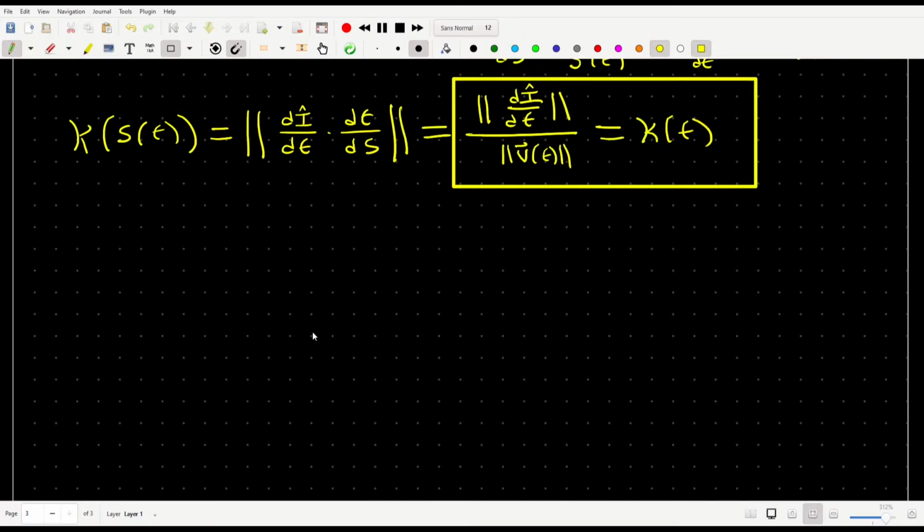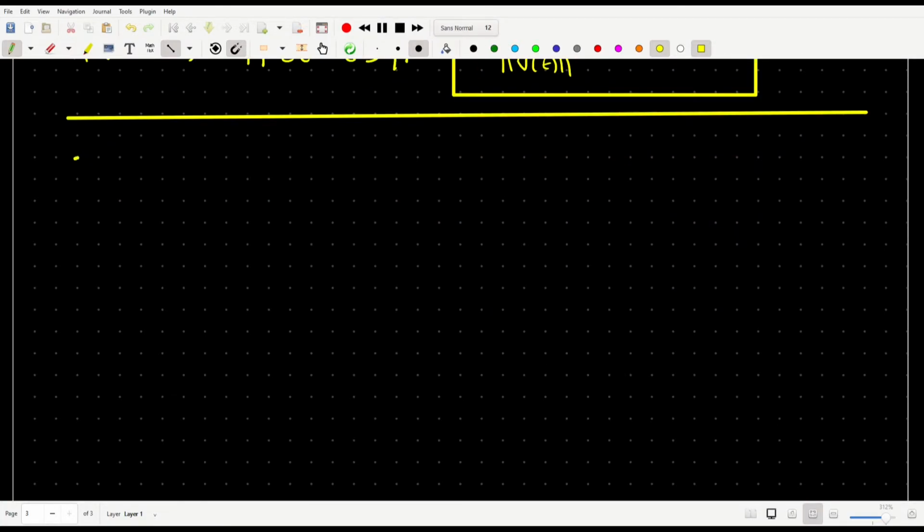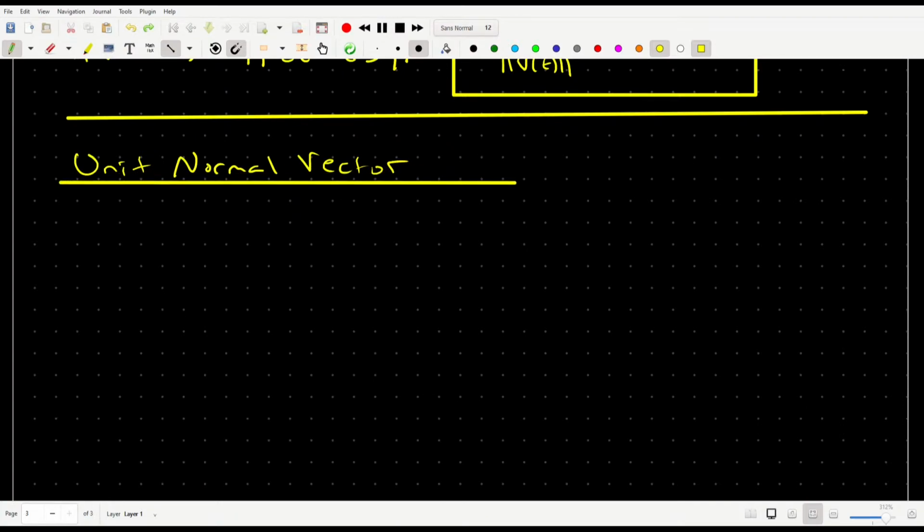So in order to do this, we first need to define and understand what the normal direction to the curve is. Specifically, why it's normal. So this gives us another really big definition here. The unit normal vector to a curve, we call this n hat, just like t hat we call the unit tangent vector.